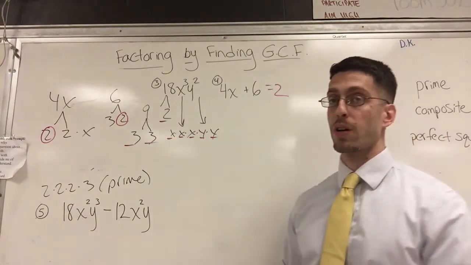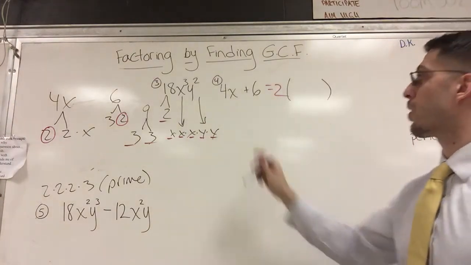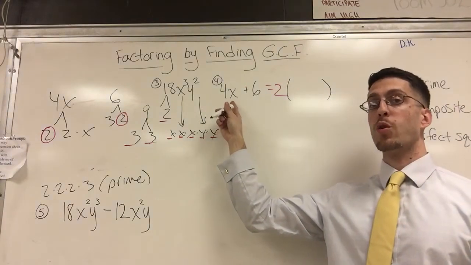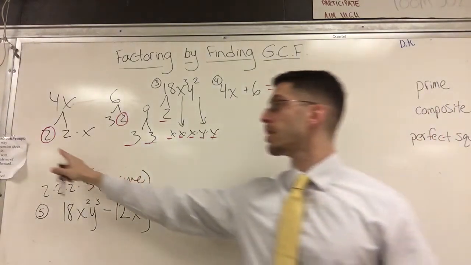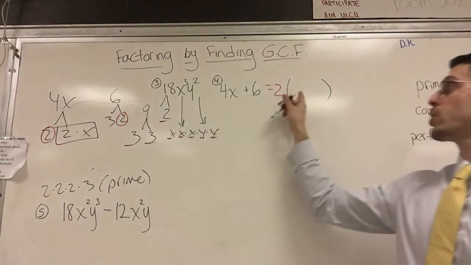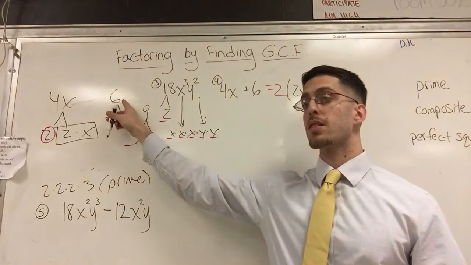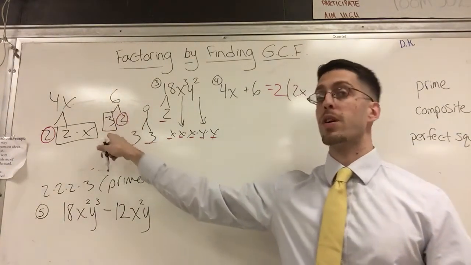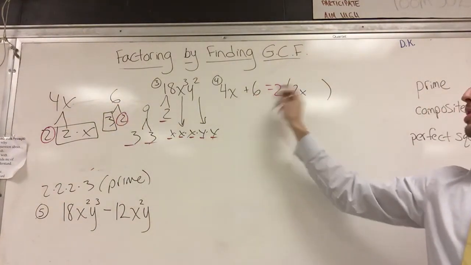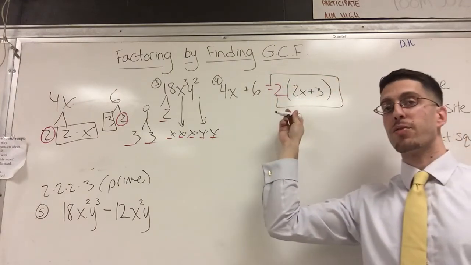But that's not enough work, so now we're going to put parentheses. You have to figure out, if I factored a 2 from the 4x, what's left? That 2 is out, what's left is the 2x. 2x goes inside. If I factored a 2 from the 6, what's left? 3. So instead of plus 6, it's going to say plus 3. This is your factored form.